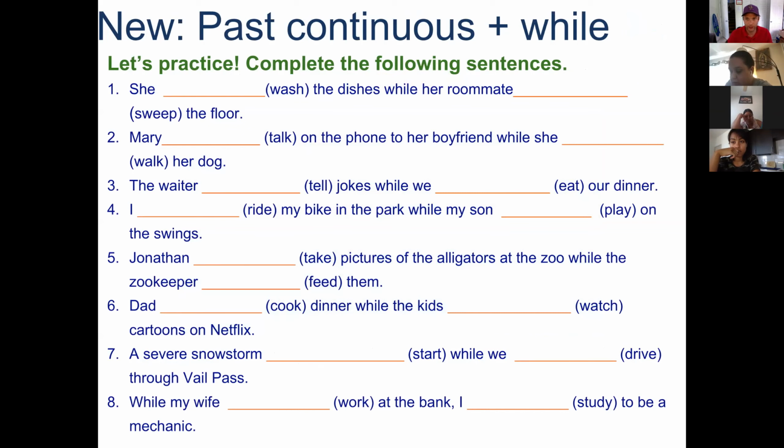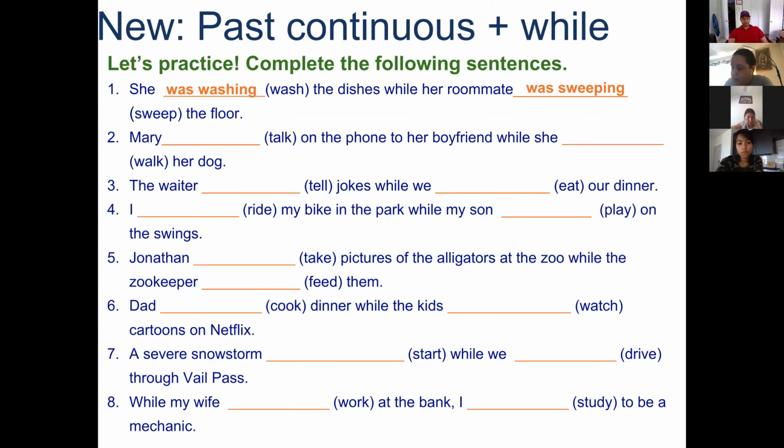So let's practice with this one. Danya, number 1. She was washing the dishes while her roommate was sweeping the floor. Good. Next, Norma.